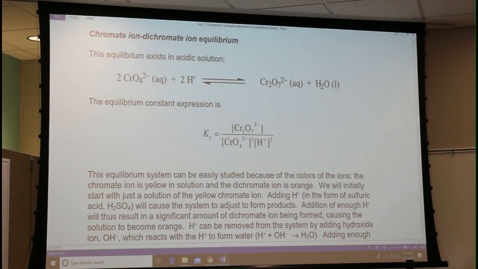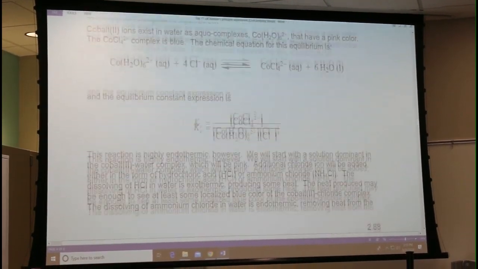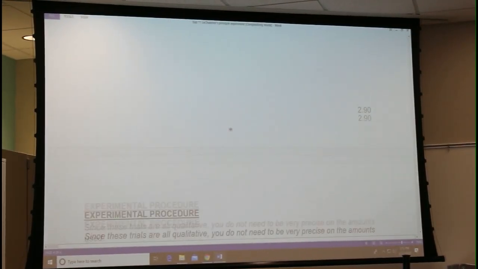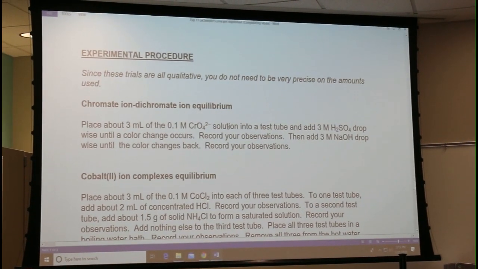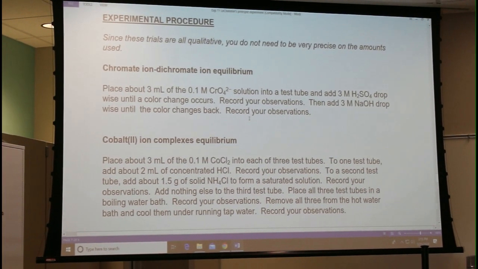So this is the first one we're going to be doing. Again, we explain it pretty well, but you'll have to go back over it with what we do today. I'm going to go to the procedure so it's handy for us to see. You can see that first little paragraph, that's all I want to do right now.